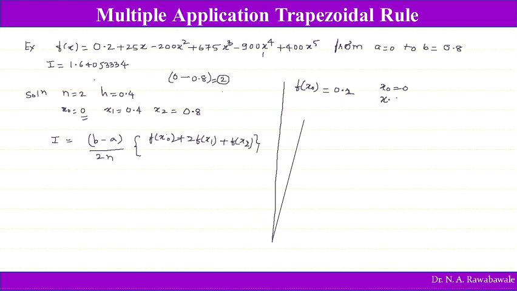The x1 value is 0.4. If we substitute 0.4 everywhere, then f of x1 becomes 2.456. And if we substitute x2 as 0.8 in this function, then f of x2 becomes 0.232.